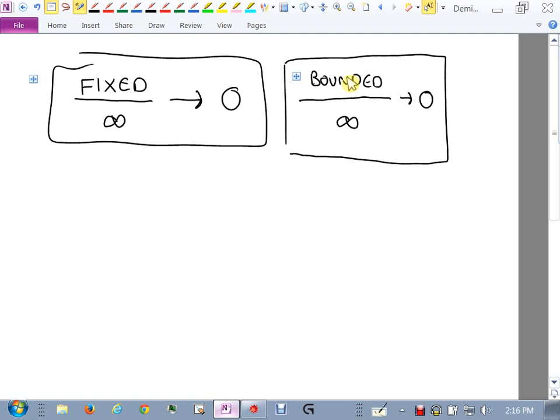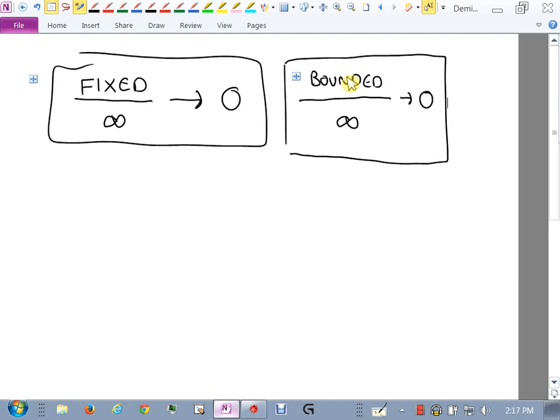So what we want to add to this logic is two scenarios: if we have a fixed or bounded function divided by something that gets big, it's always going to go to 0. What would be some other functions that are bounded? Cosine, right? Cosine's bounded. Is tangent bounded? Tangent is not. Cotangent is.